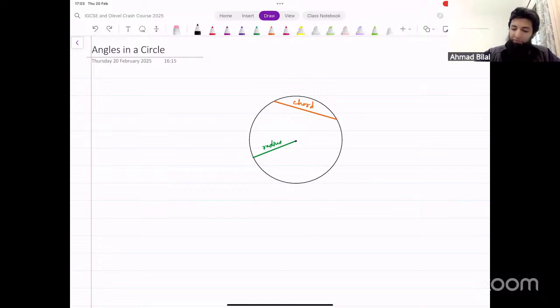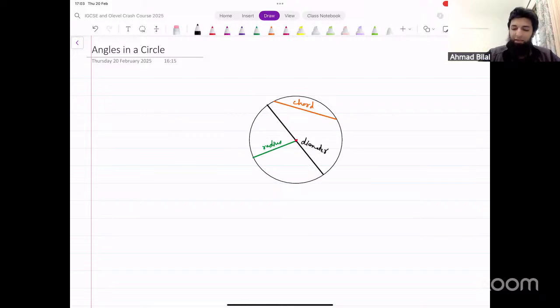And then if you have any chord that passes through the center of the circle. So this is also a chord, right? However, this particular chord passes through the center of the circle. This is known as the diameter of the circle.